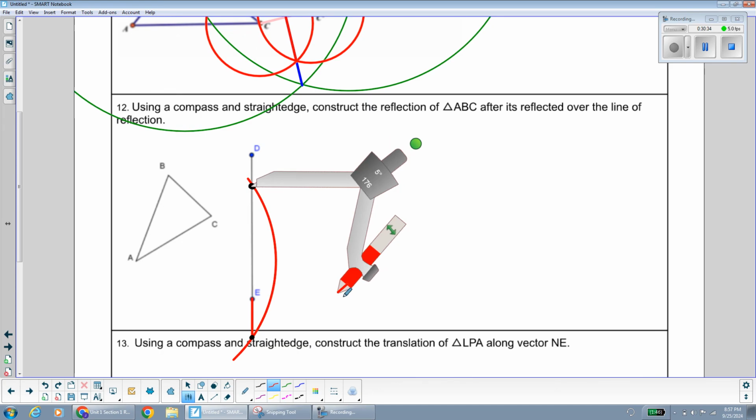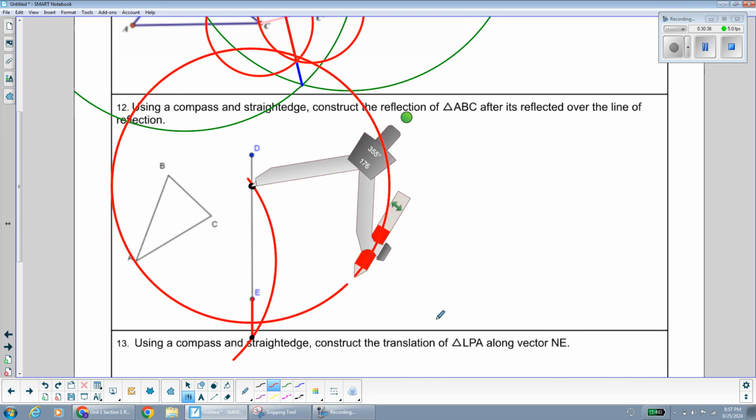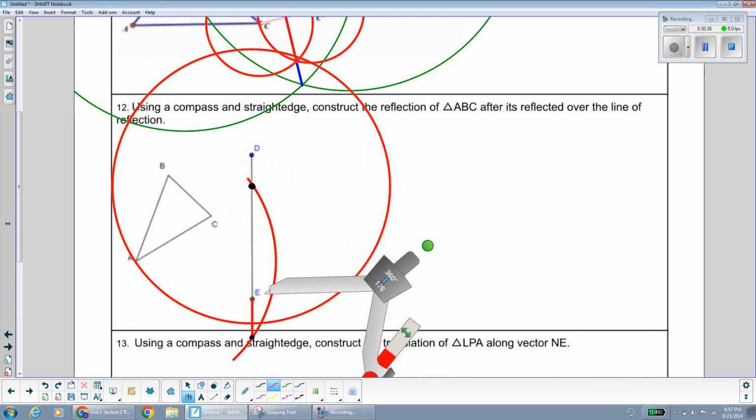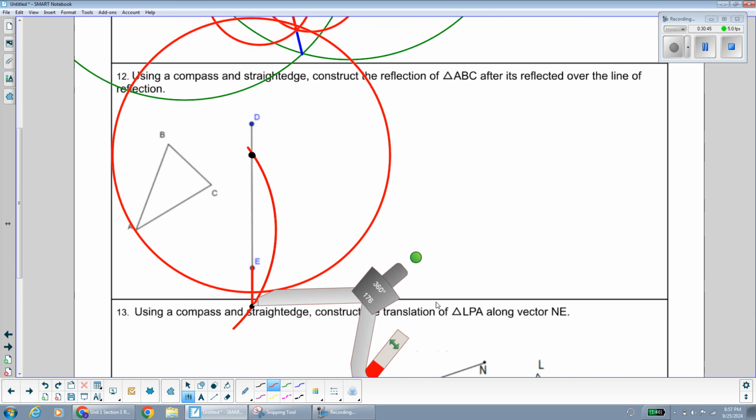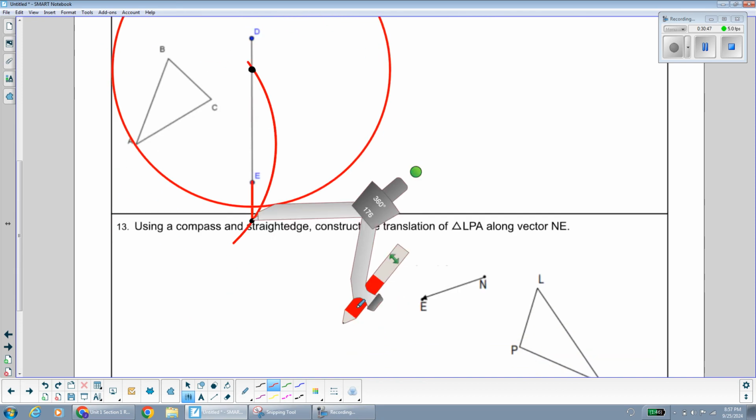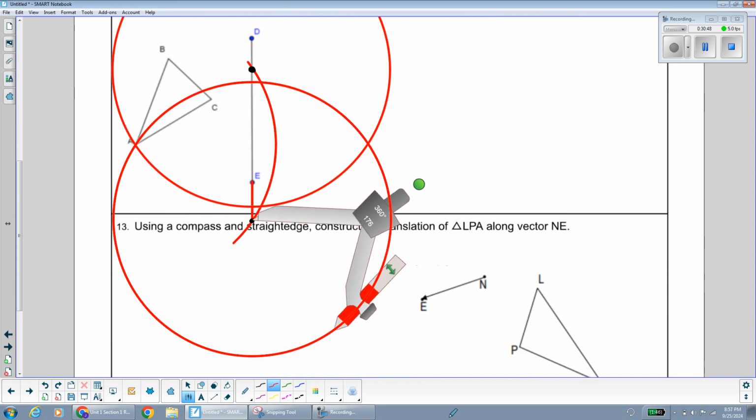I'm going to use the same color so you know it's part of the same construction. Then over to the other endpoint. And we're going to swing the same circle.